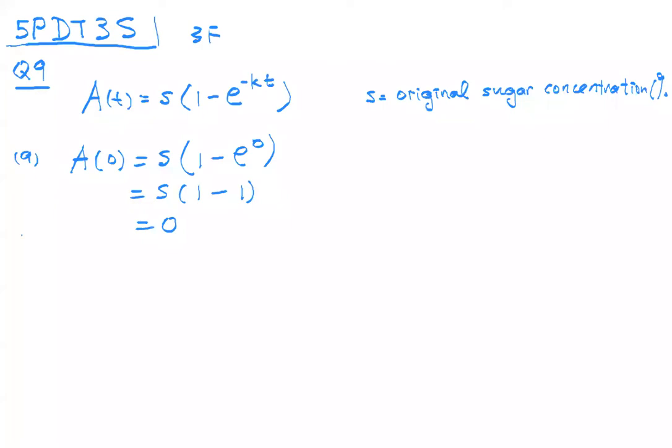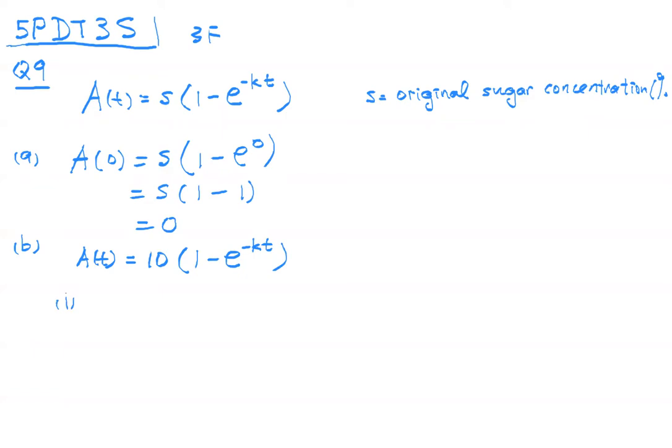Then part B. They tell me the concentration of sugar is 10. So I sub in 1 minus e to the power of, did he tell me the k? No. So I'm going to do part 1.